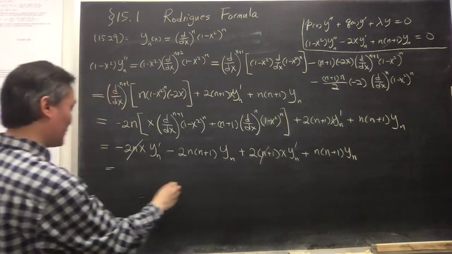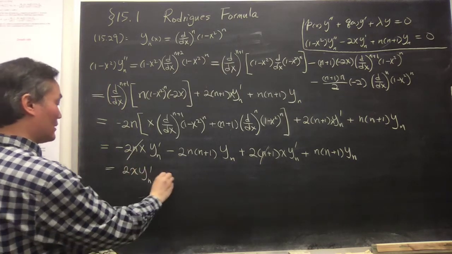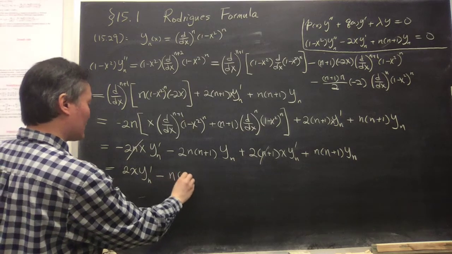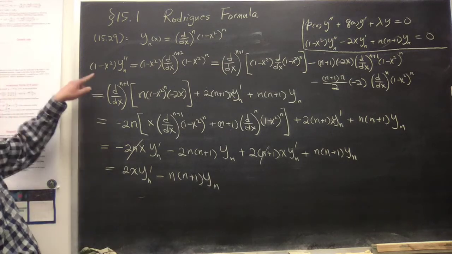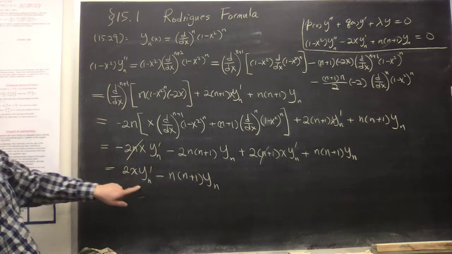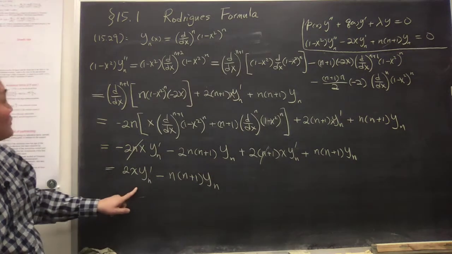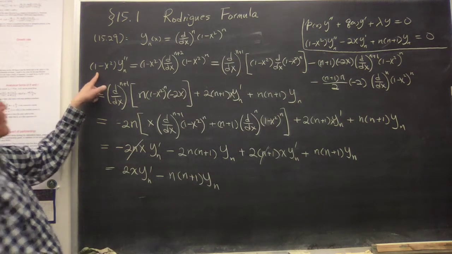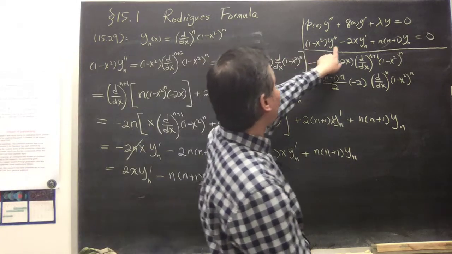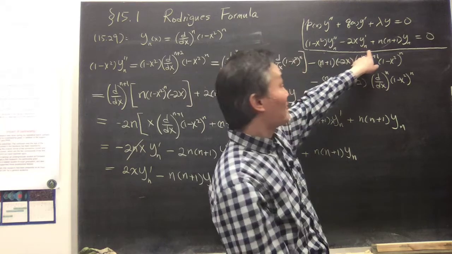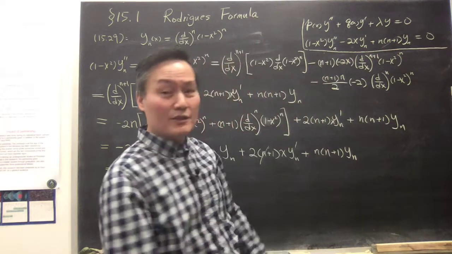So this equals 2x yn prime minus n times n plus 1 yn. If you move these two terms to the left-hand side, you get 1 minus x squared yn double prime minus 2x yn prime plus n times n plus 1 yn equals 0.